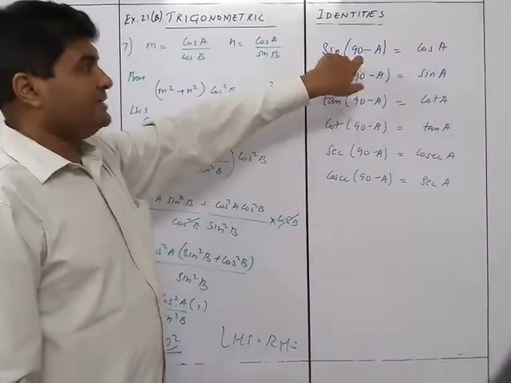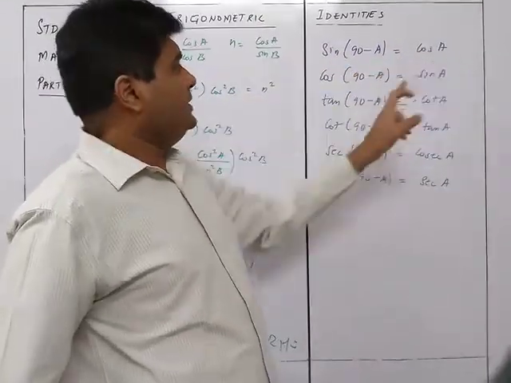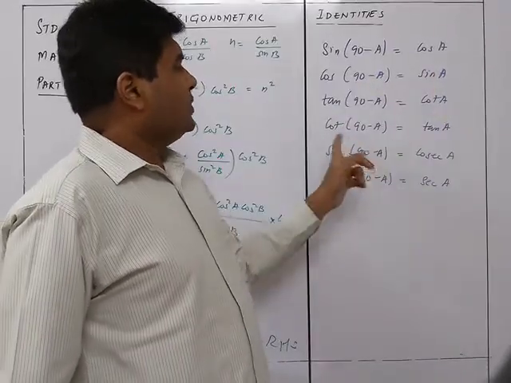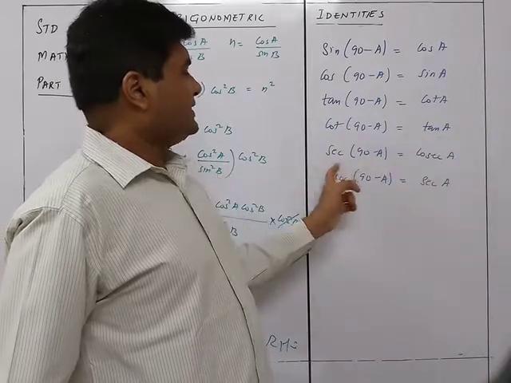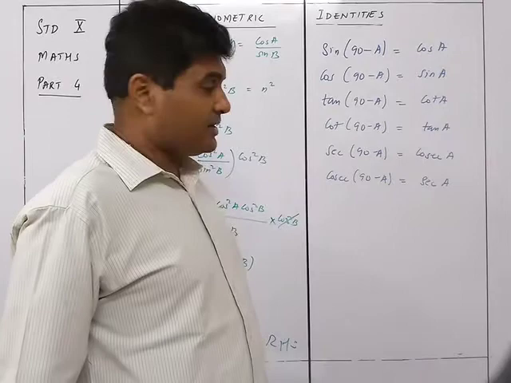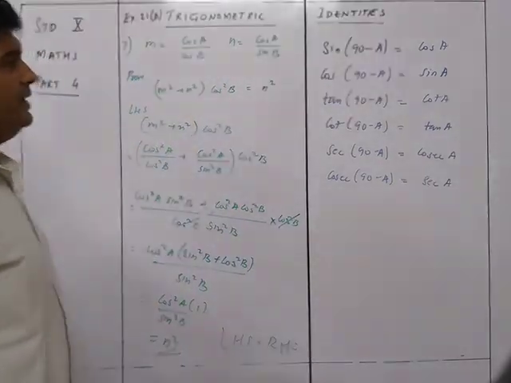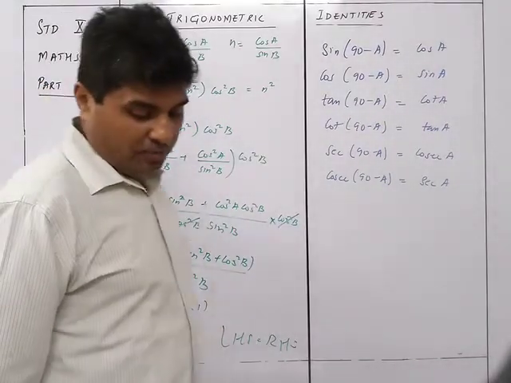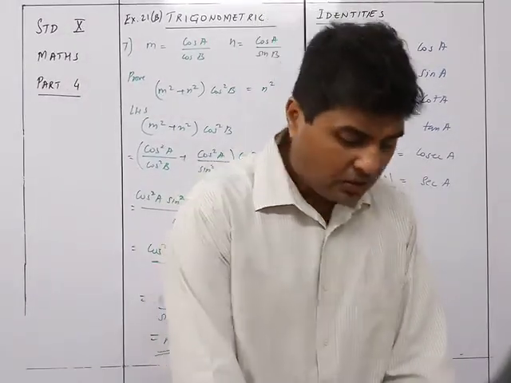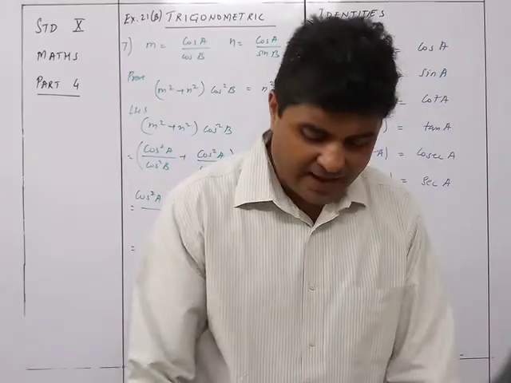Sin 90 minus theta is cos theta, cos 90 minus theta is sin theta, tan 90 minus theta is cot theta, cot 90 minus theta is tan theta, sec 90 minus theta is cosec theta, and cosec 90 minus theta is sec theta. These are the formulas of trigonometry of complementary angles.